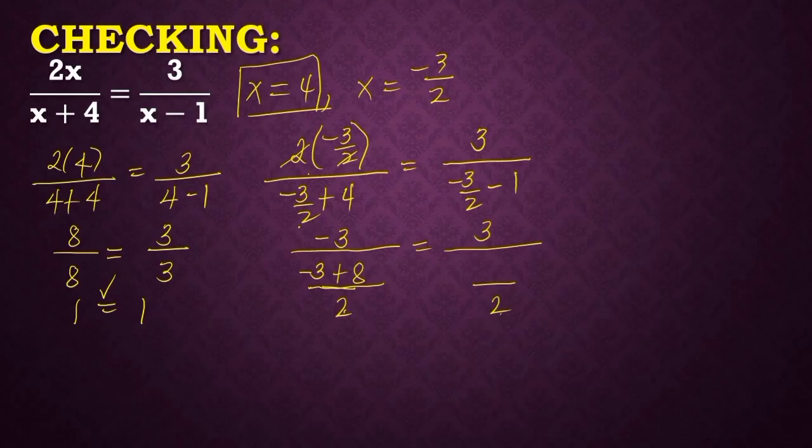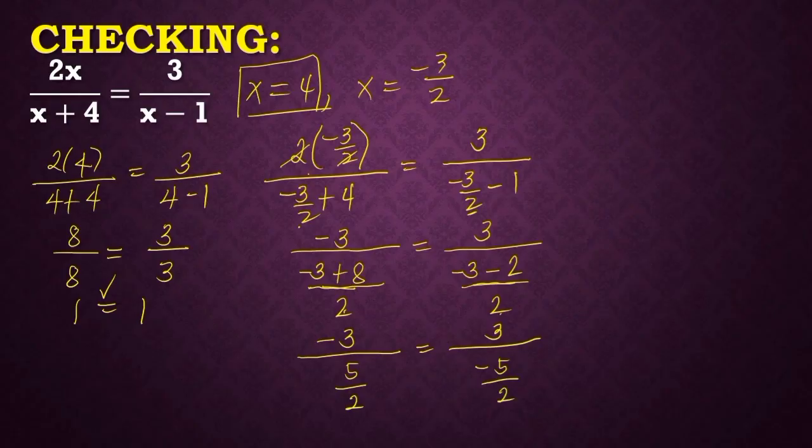So, 2 divided by 2, that is 1, times negative 3, that is negative 3. 2 divided by 1, the denominator of 1, that is 2, times negative 1, negative 2. Next, negative 3 all over, so negative 3 plus 8, that is 5 over 2. Next, 3 over negative 3 minus 2, that is negative 5 all over 2.